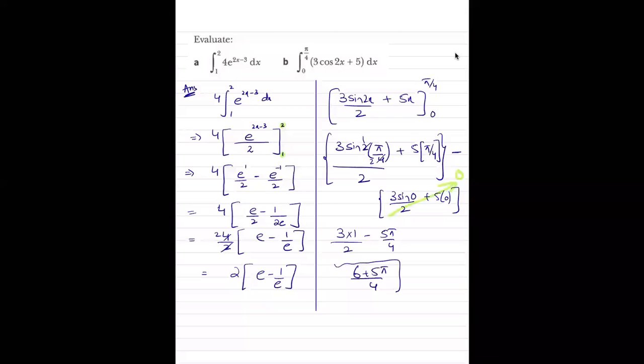Sir, how did you get 1 in the step before? Sine pi by 2 is 1. Oh, okay. Were you getting the same answer in decimal?